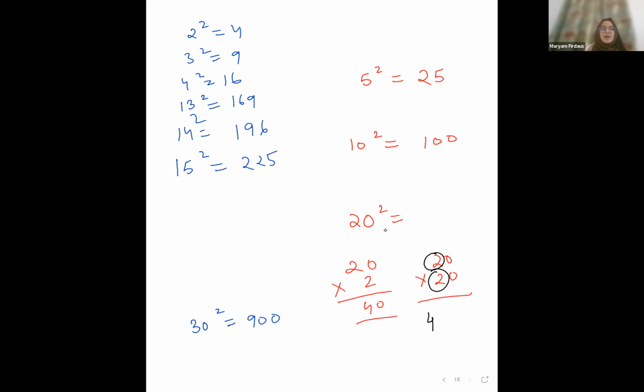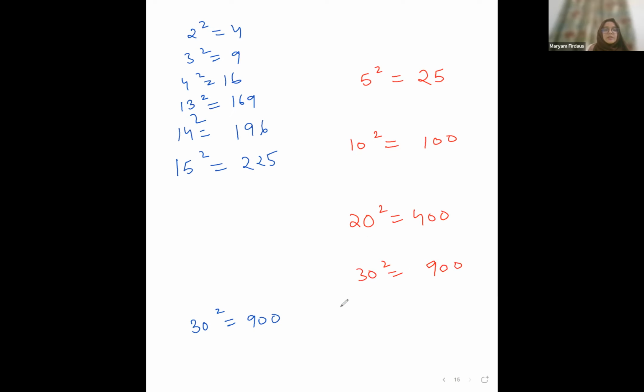How many zeros are remaining? 2, so 400. So 20 20s are 400. This is one thing that you need to remember. And the third one is obviously 30 square is 900.